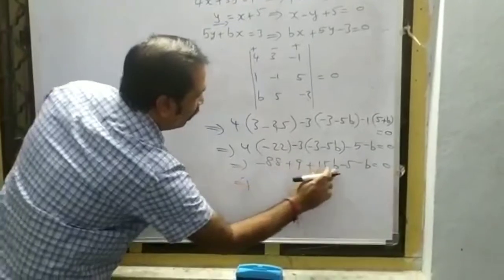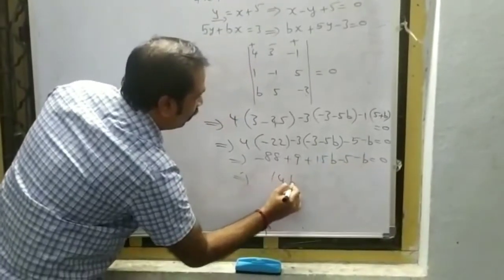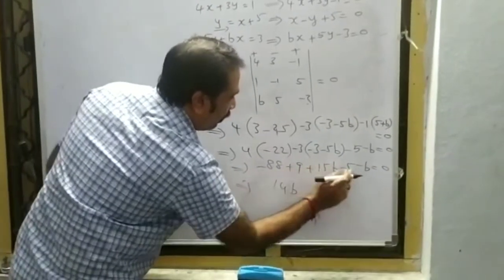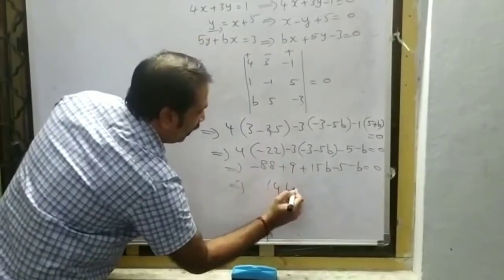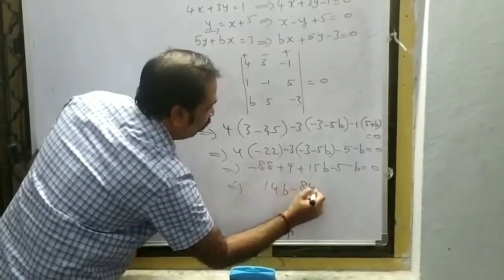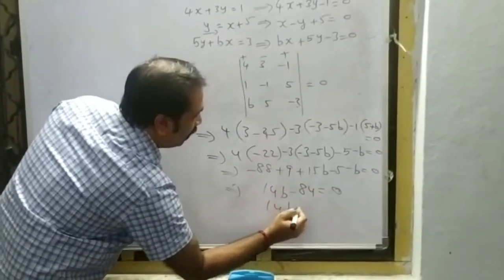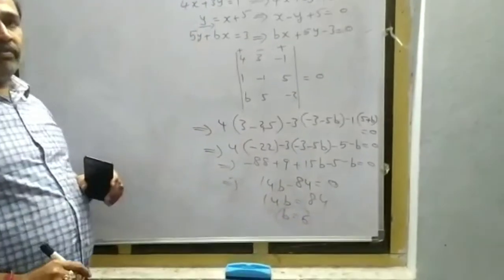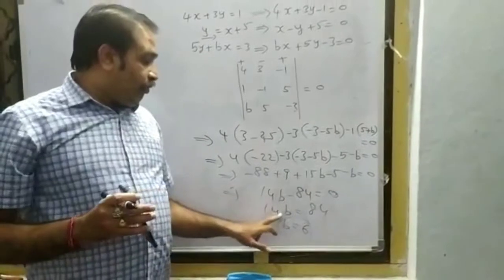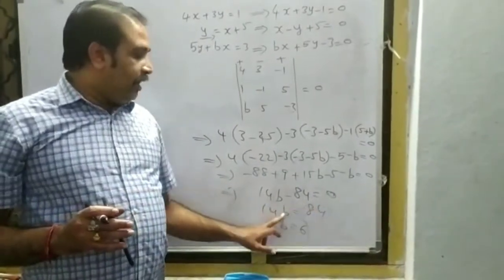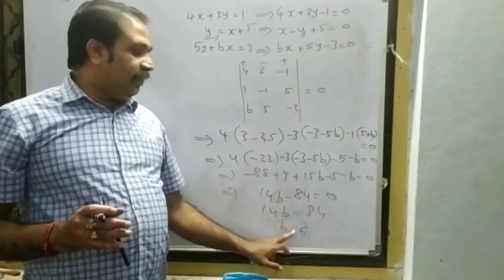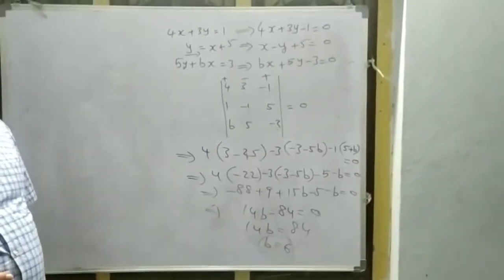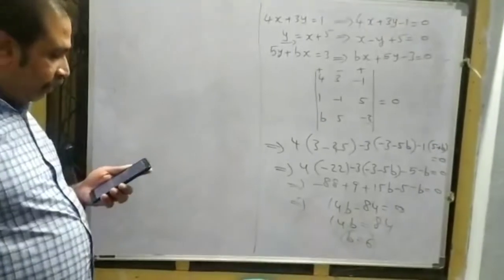So 15b minus b becomes 14b, and constants: 9 minus 5 becomes 4. 4 minus 88 becomes minus 84 equal to 0. 14b equal to 84. What is the b value? 6. So 14b equal to 84, b is equal to 84 by 14. What is this value? 6. Completed. Okay, write down.